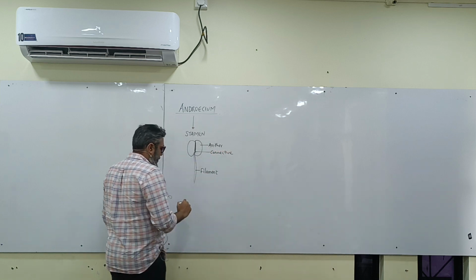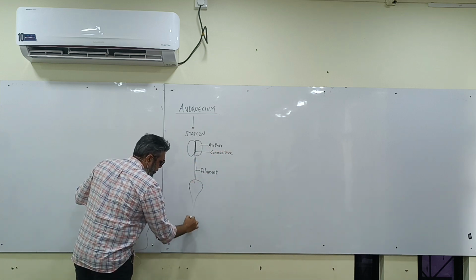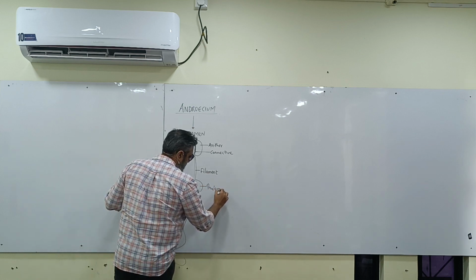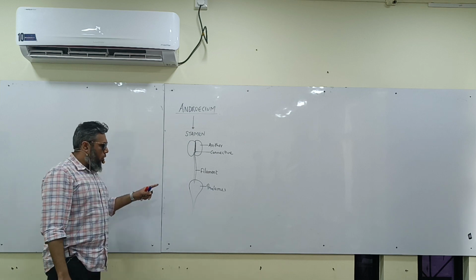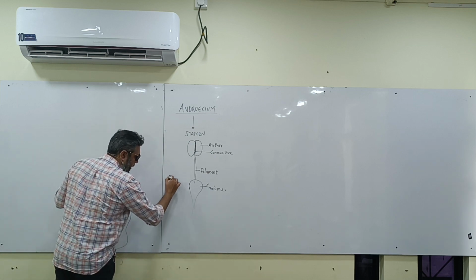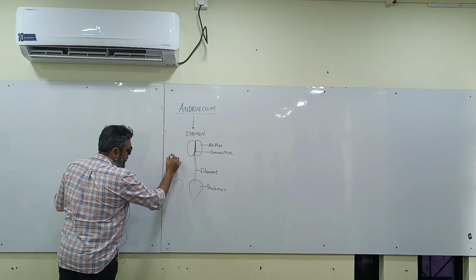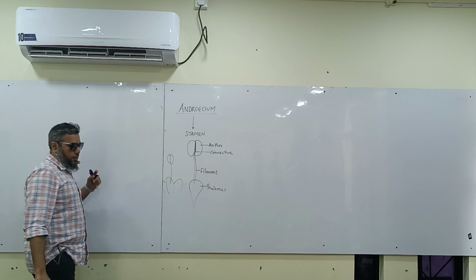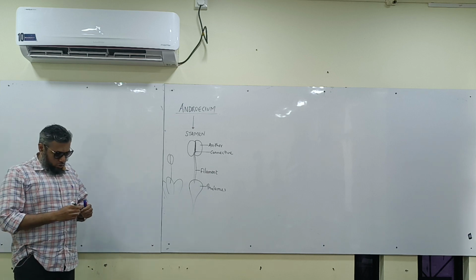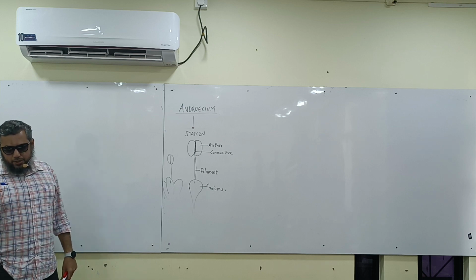The filament is either connected to the thalamus or it is connected to a petal. So we can have a petal like this to which the filament is connected. The NCERT says that the filament has two ends.